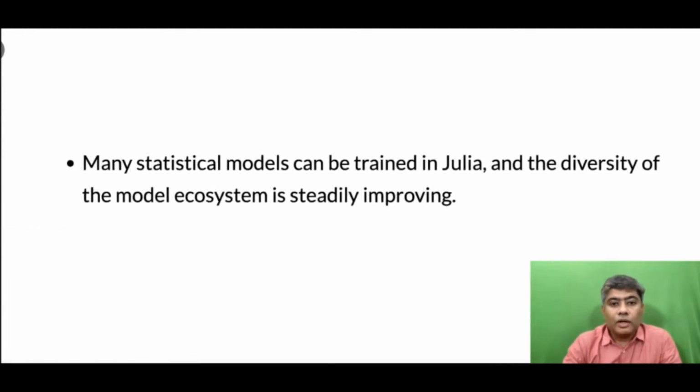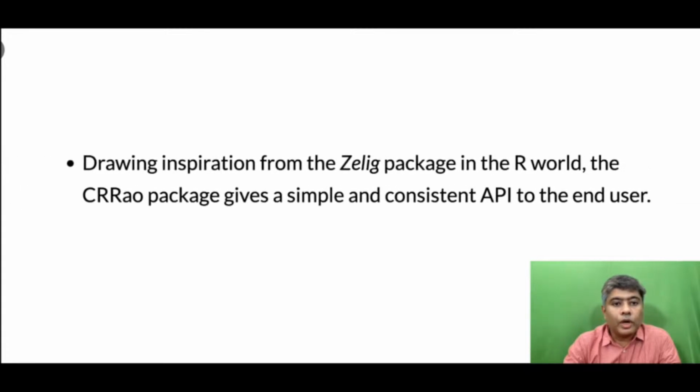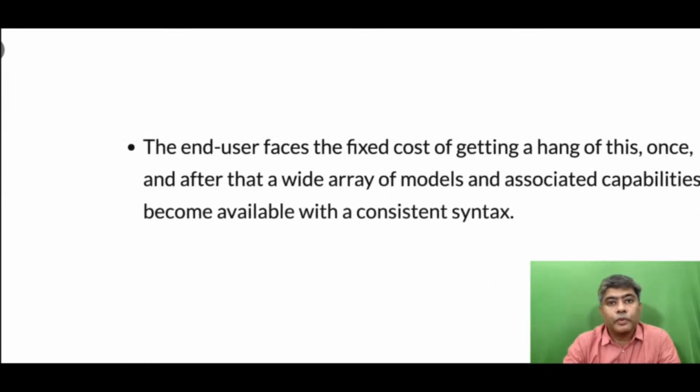Many statistical models can be trained in Julia, and the diversity of the model ecosystem is steadily improving. Drawing inspiration from the Zelig package from the R world, the CRAW package gives a simple and consistent API to the end user.